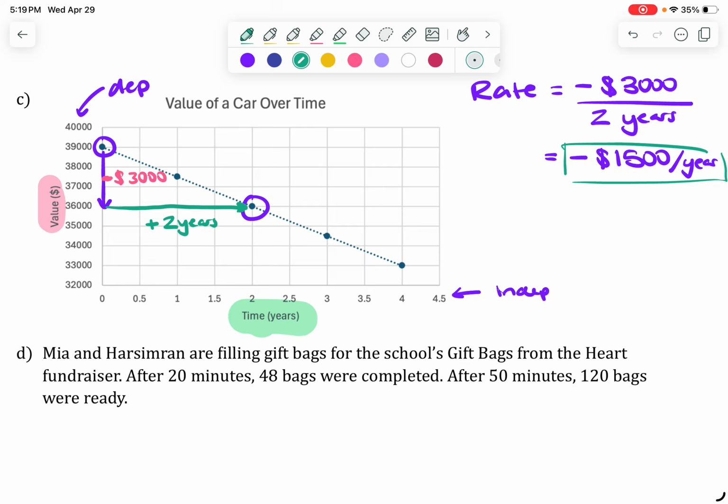Unless you're some rich celebrity who people want what you touch, or there's some weird, obscure, atypical situation going on. But typically the value of your car decreases, right? The older the model is, the more wear and tear on the vehicle, the lower its overall value. So it does make sense that my rate is negative because the value of my vehicle would be decreasing each year.